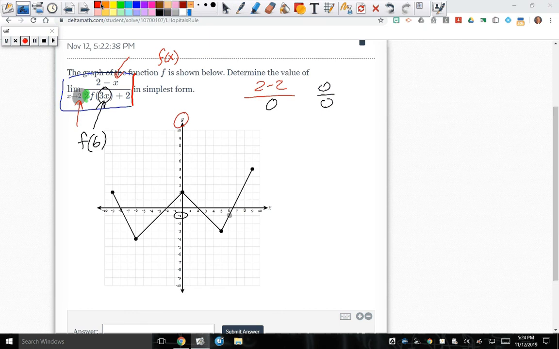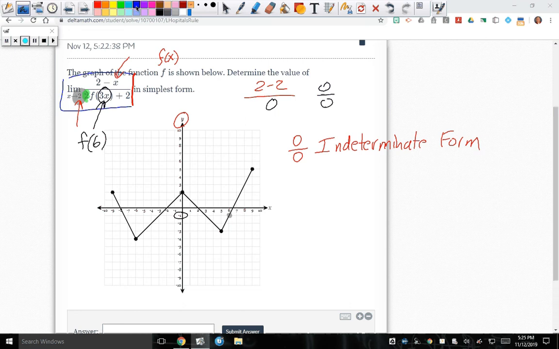You can mention off to the side that you have a 0 over 0 indeterminate form. And then from here, you're going to break it up and do the work.